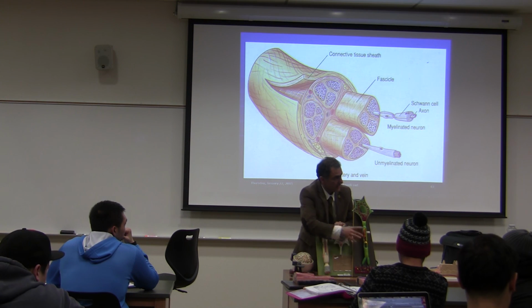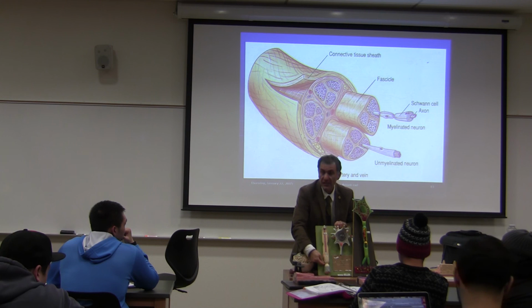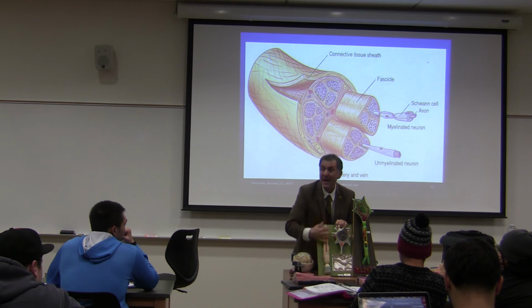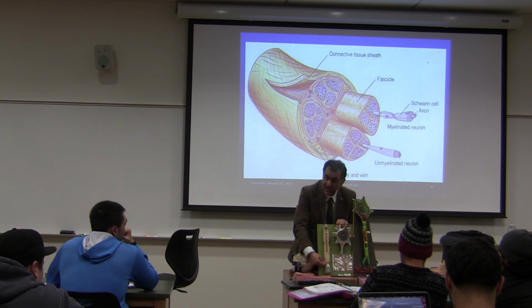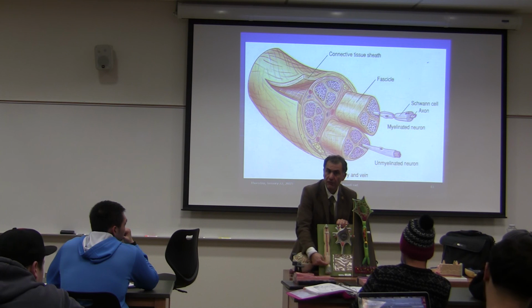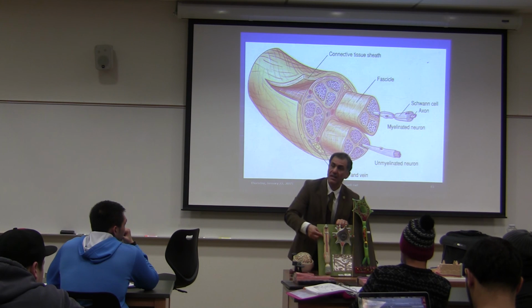Imagine for a second. What happens when action potential comes here to myelinated neuron, then since this is thick, action potential will jump from this node of Ranvier. Ranvier was a French scientist. It jumps from this node of Ranvier to the next node of Ranvier, to the next node of Ranvier.